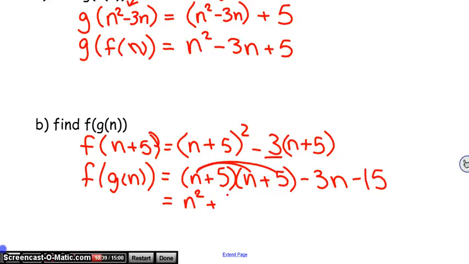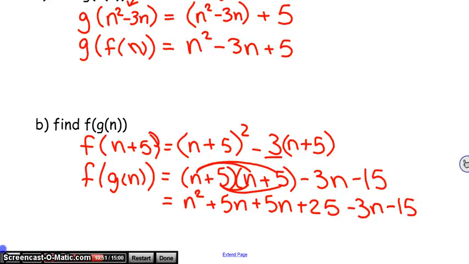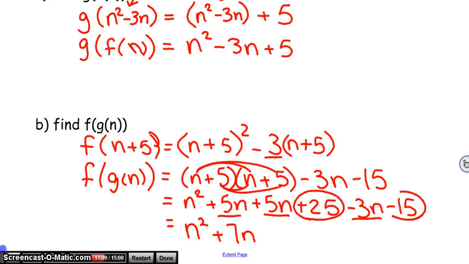N times 5 is 5n. 5 times n is 5n. 5 times 5 is 25. We're going to put negative 3n minus 15 on the end, and then combine like terms. So we end up with n squared, and then 5n plus 5n minus 3n all go together. 5 plus 5 minus 3 is 7n. And then 25 minus 15, those two things are like terms, and that gives us positive 10.